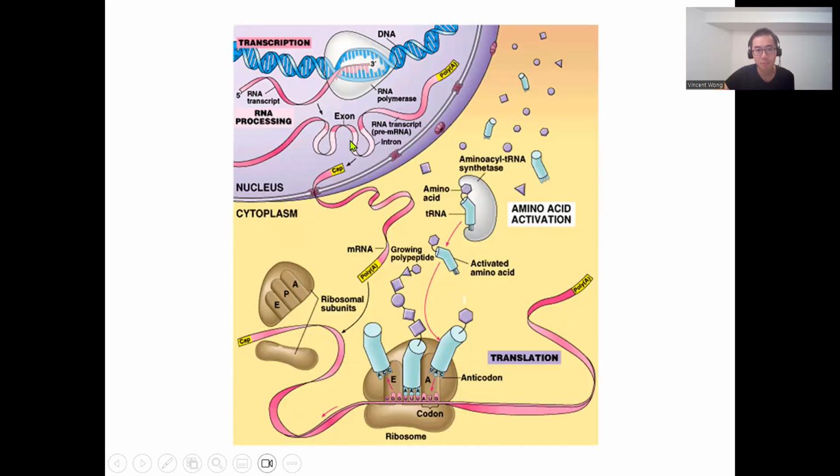And then you have some pale pink stuff. Those are the introns. They're non-coding. What we need to do is remove the introns and stitch together the exons, so only dark pink remains. We have a 5' cap here and a poly A tail to increase the stability of the messenger RNA. Then it's going to exit through the nuclear pores. And now in the cytoplasm, the ribosome will come and read the information on the messenger RNA.